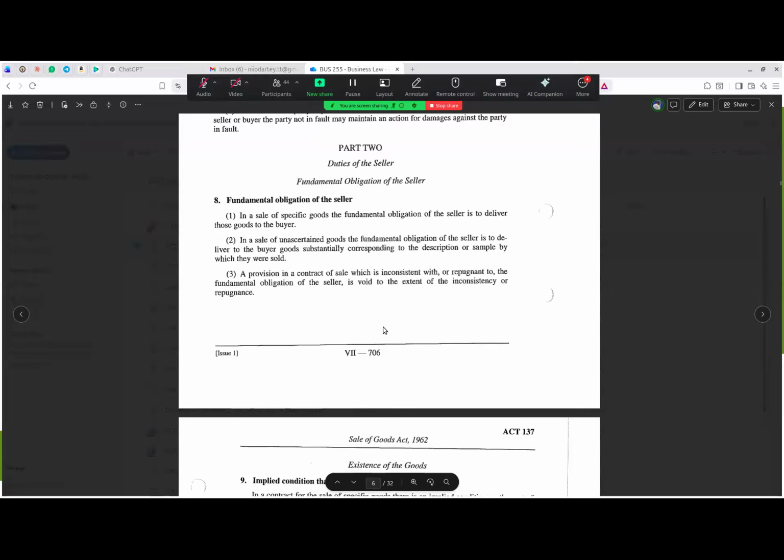In a sale of unascertained goods, the fundamental obligation of the seller is to deliver to the buyer goods substantially corresponding to the description or sample by which they were sold. 3. A provision in a contract of sale which is inconsistent with or repugnant to the fundamental obligation of the seller is void to the extent of the inconsistency or repugnance.